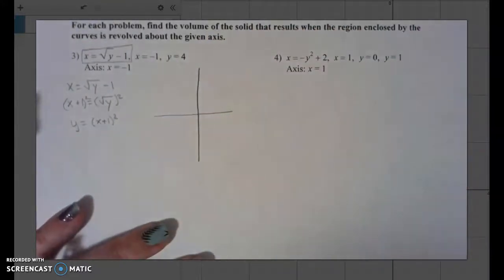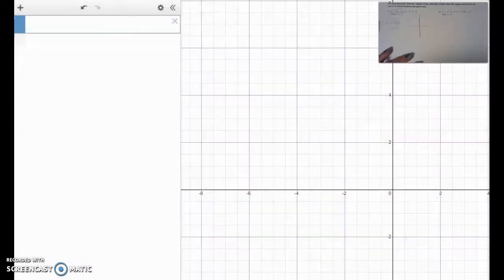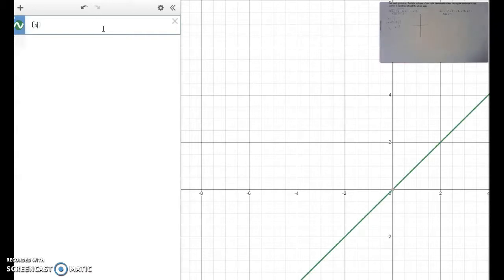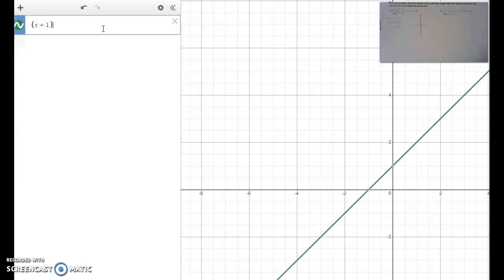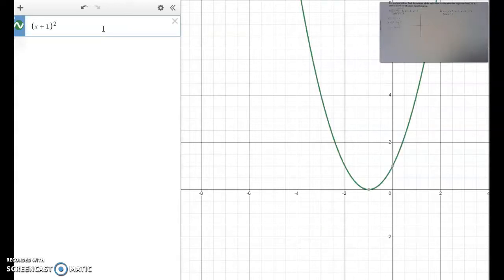Just because I have Desmos pulled up already, I'm just going to show you what this graph looks like on Desmos. So I'm going to put my parenthesis, x plus 1, and I'm squaring that. So we have this function right here. And now what we're going to do is plot that on my graph. So we see that we go through 0, 1.